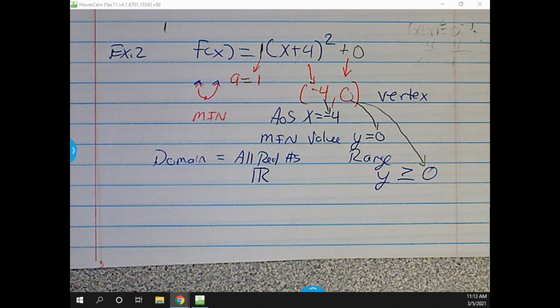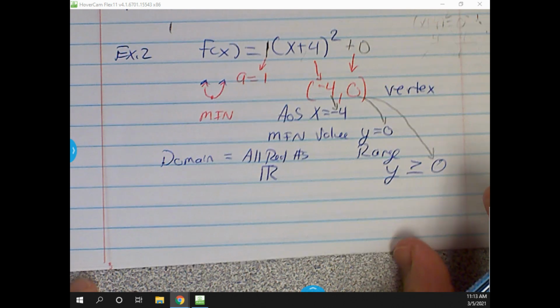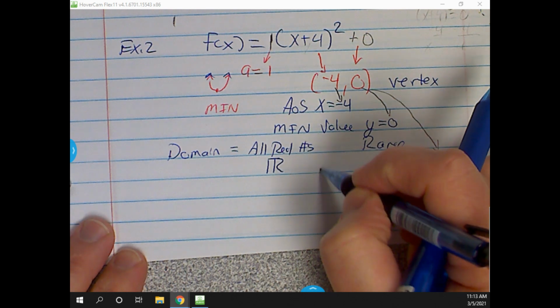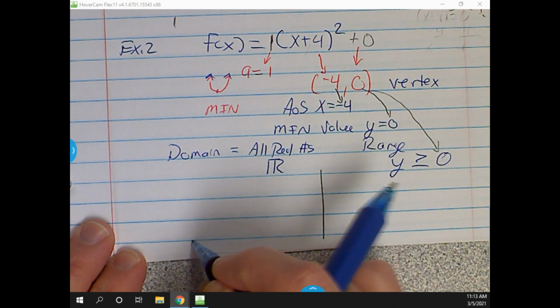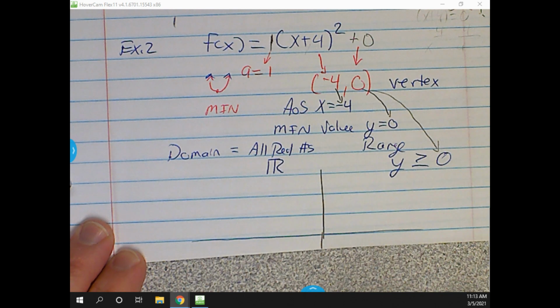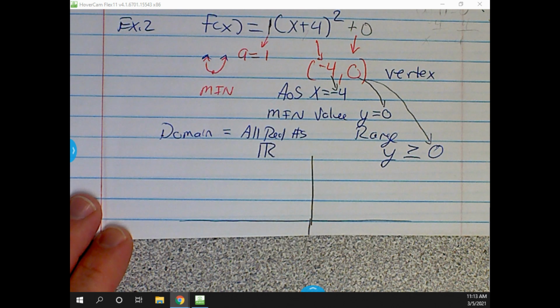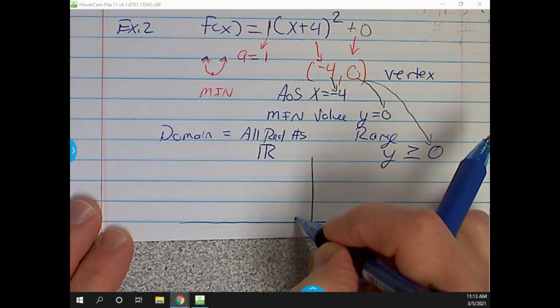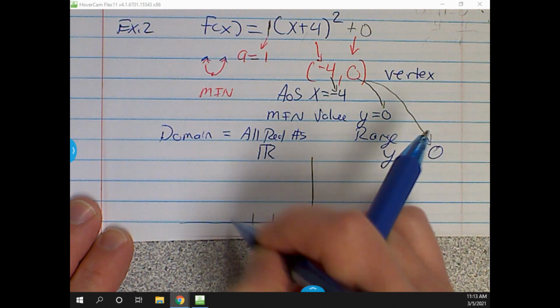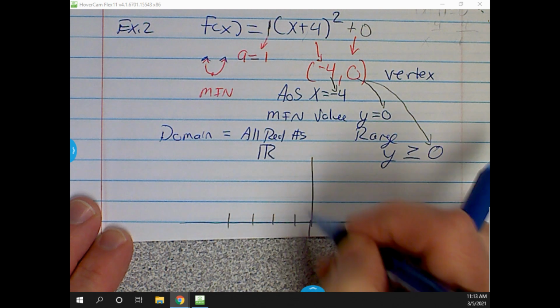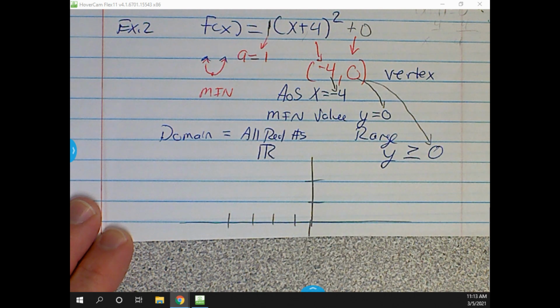Now we're just going to go back in and graph this one. I think we can actually get this graph right here, because this graph is more wide side to side than it is up and down. Because the vertex is at -4, 0. So that's 1, 2, 3, 4. So if we go to -4, 0, that would put us here.